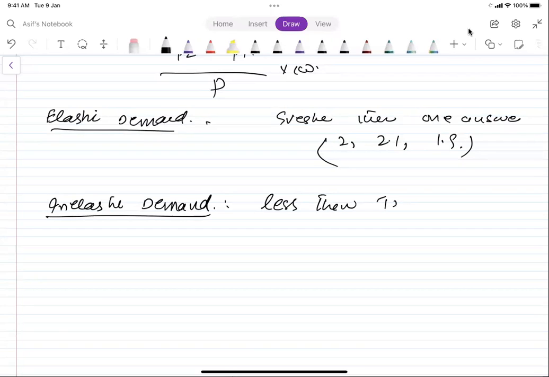In the case of complementary goods, petrol and car, for example, if the price of petrol rises by 20%, the demand for cars will fall, but only by 5% or 10%. This is the concept of elasticity of demand and its elastic and inelastic cases.